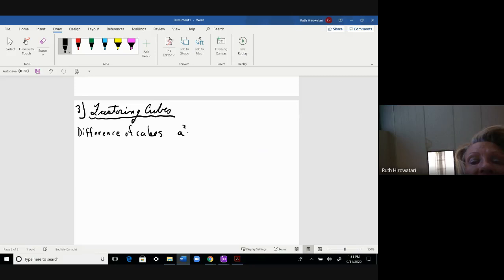If I have something like a cubed minus b cubed, it will factor this way. a minus b times a squared plus ab plus b squared. You are actually going to memorize that pattern and use it. I'll give you a little way to memorize it in a bit.